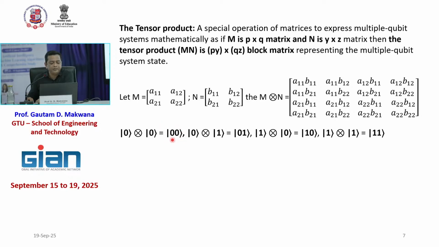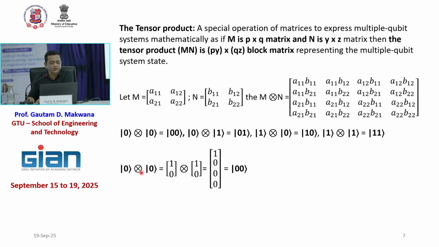So this can be represented as two qubits. We can achieve the matrix representation for any number of qubits. Okay, so this is how the tensor product happens.